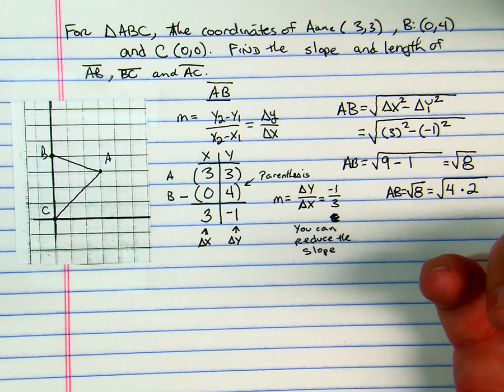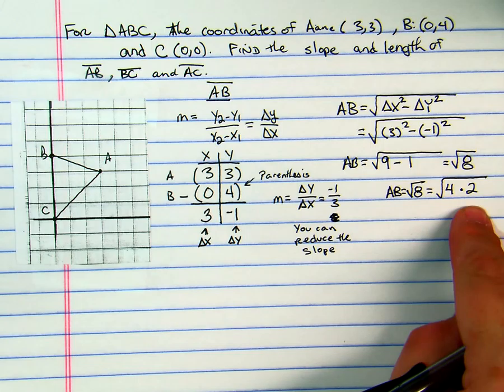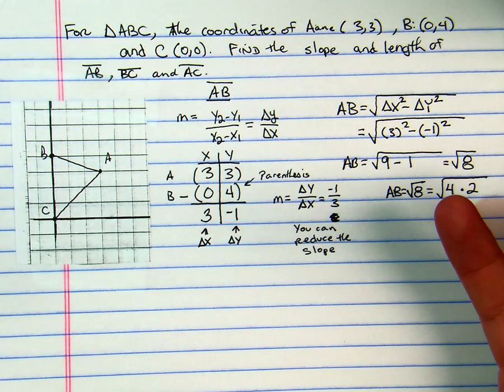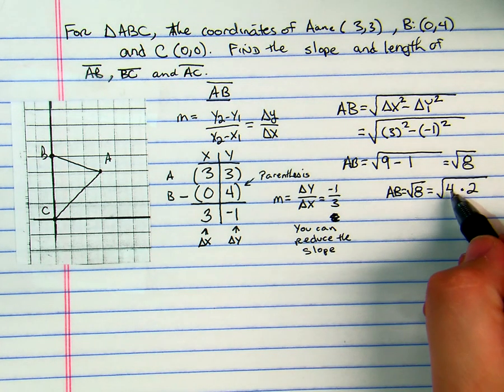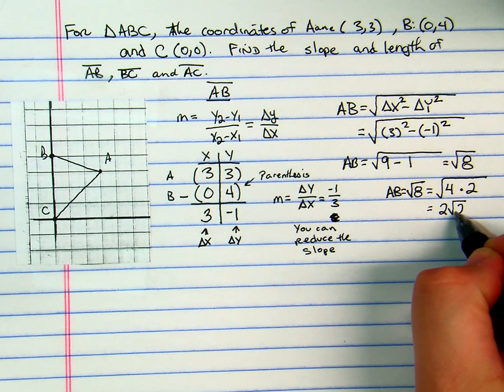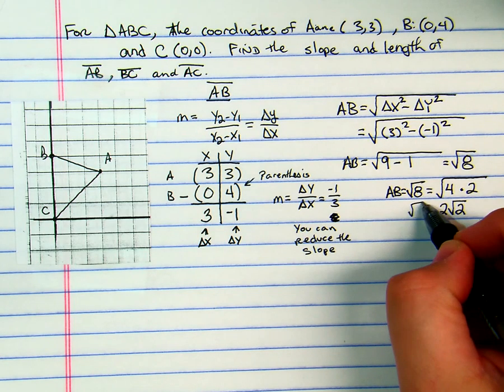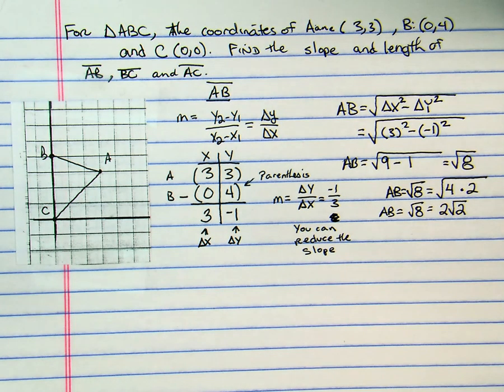Now, I'm okay with this at times, but sometimes I'll ask you to simplify it. So being able to simplify your square root is going to be helpful as well. What's the square root of 4? 2. So it's 2 times the square root of 2. But it's also equal to the square root of 8. They're the same thing. So you can figure out your length those ways.